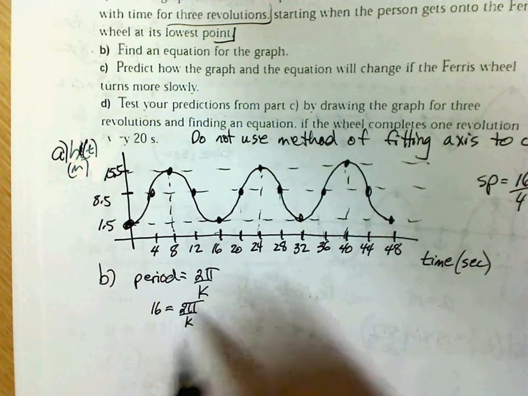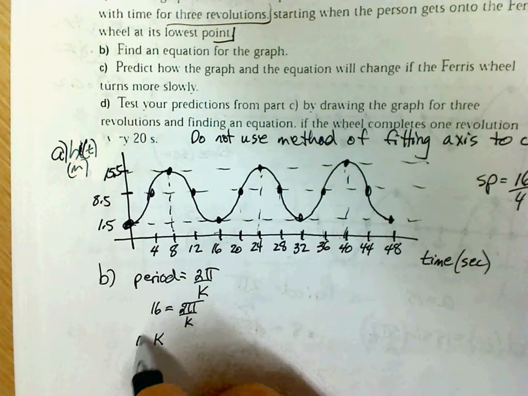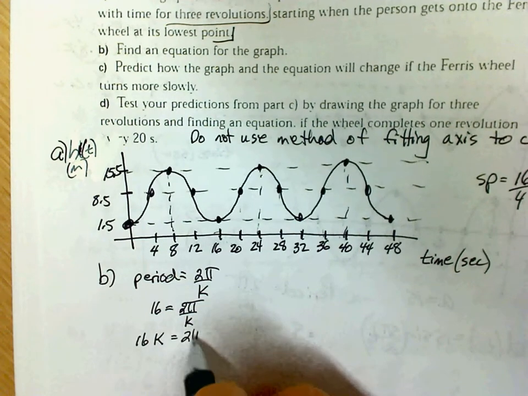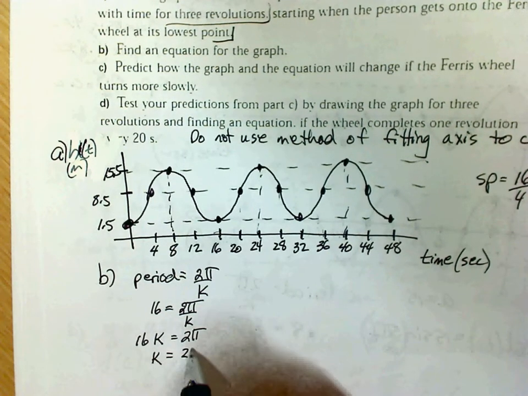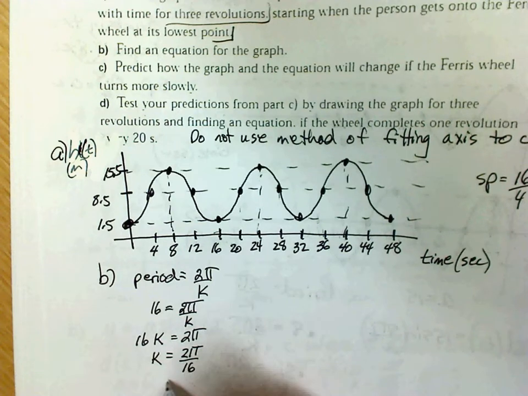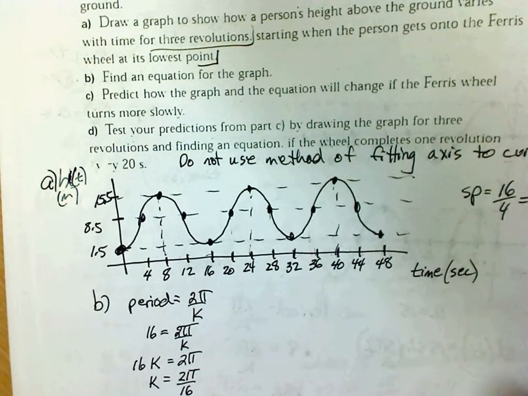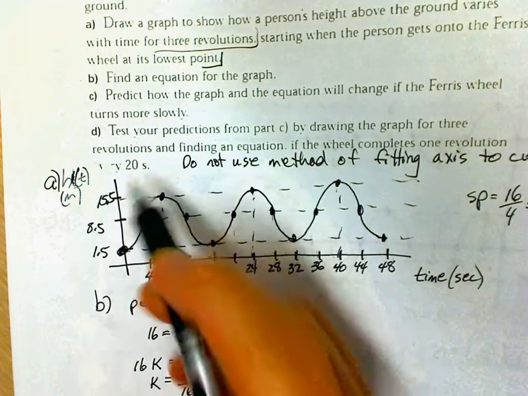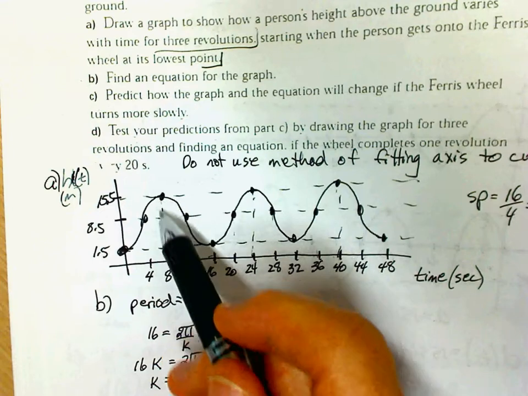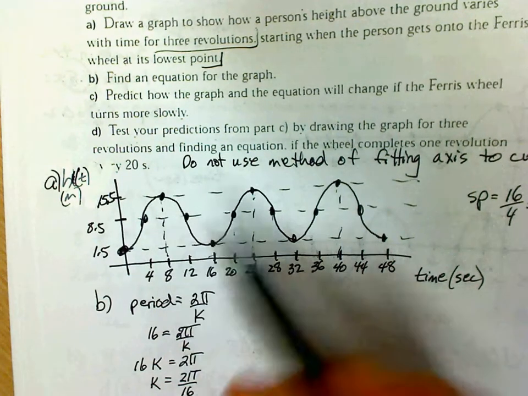K equals 2 pi over 16 equals pi by 8. We know half the distance between the max and min is 7, or the radius of the Ferris wheel. So A equals 7.